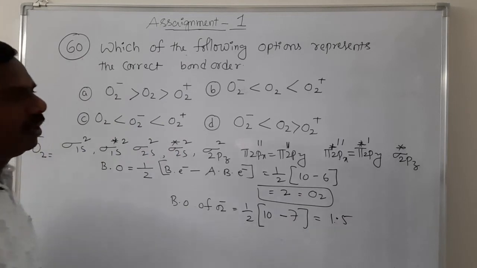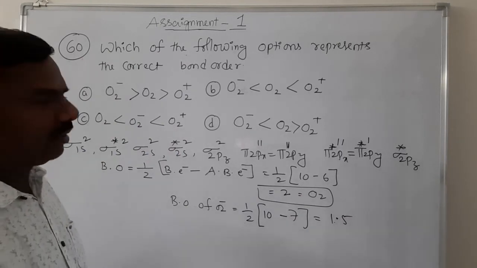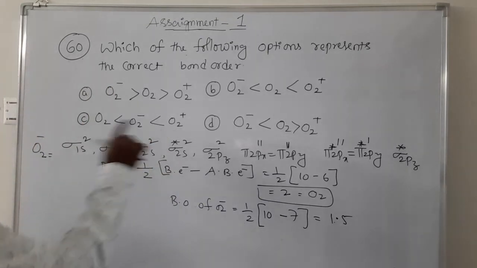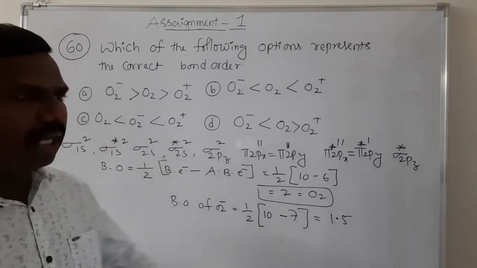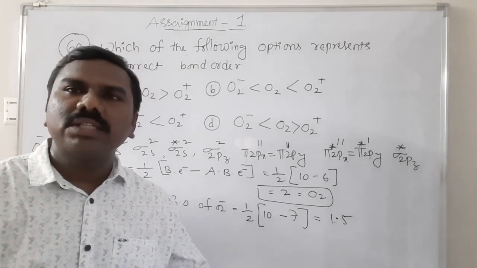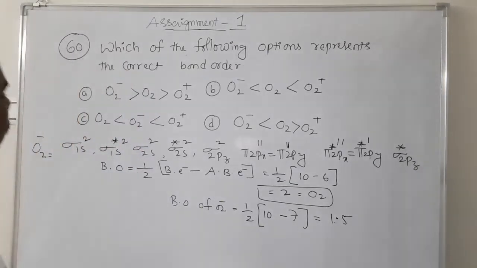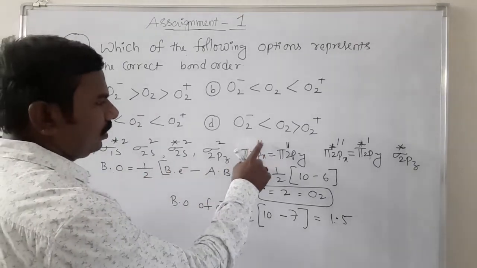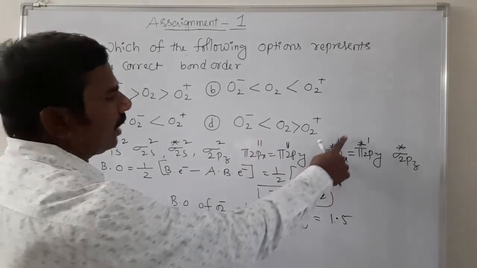Now O2 plus 1, if you observe. Plus 1 means 1 less electron. So O2 contains 16 electrons, and O2 plus 1 contains 15 electrons. So 2, 4, 6, 8, 10, then 11, 12, 13, 14 and 15.